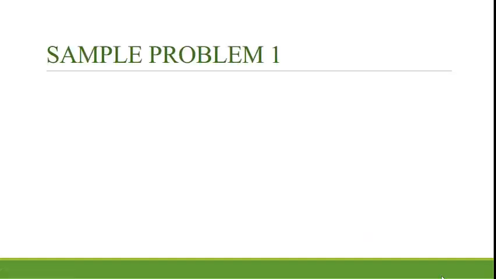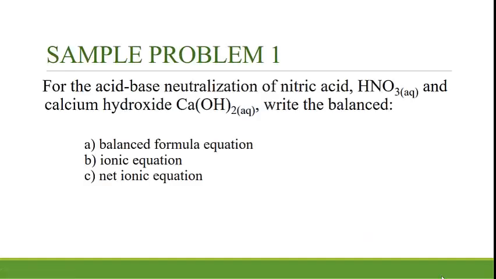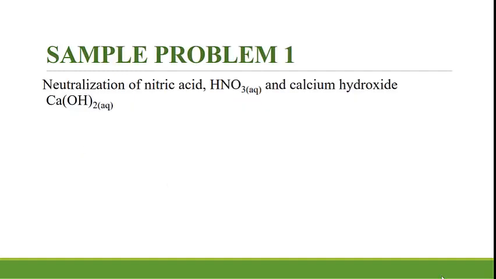All right, let's take an example here. For the acid-base neutralization of HNO3, what's that? Remember our naming, it's nitric acid, and calcium hydroxide. Write the balanced formula equation, or the molecular equation, the complete ion equation, and the net ion equation. So going back to what we did earlier in this unit. Let's go ahead and do this first one together.